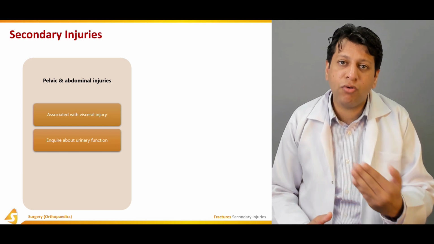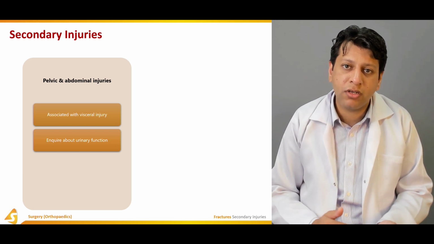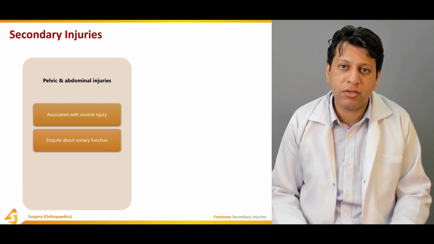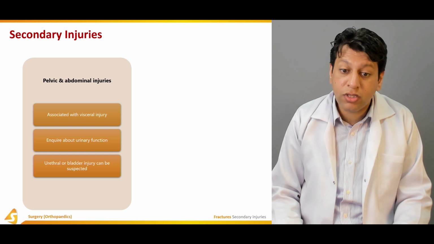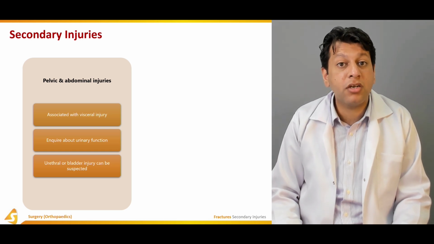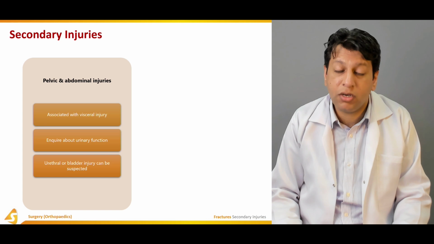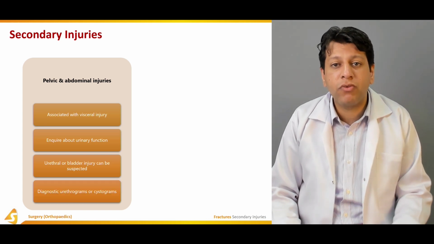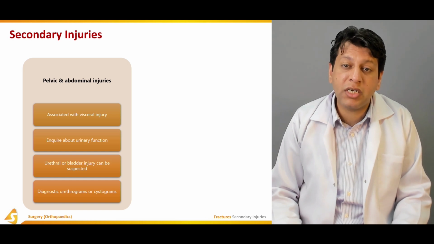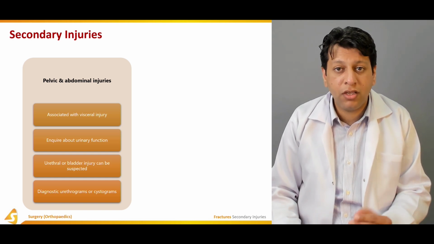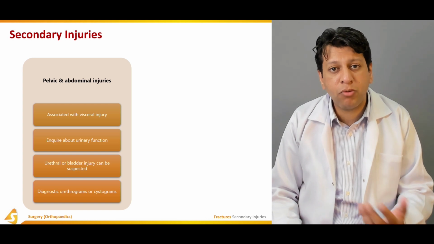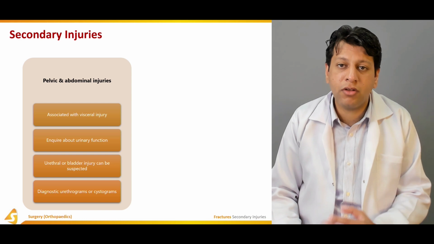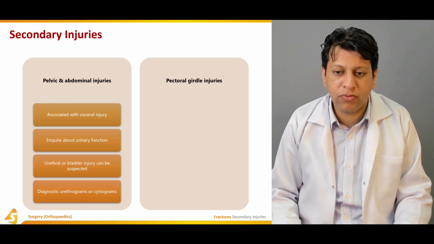Then instead of a transurethral Foley, we may have to go for suprapubic catheterization of the patient. Urethral or bladder injuries should be suspected, especially with these associated abdominal or pelvic injuries. And we may have to go for retrograde urethrograms sometimes to assess the patency of the urethra. And if it's not patent, probably suprapubic catheterization is the way to go, especially to monitor input and output of the patients.